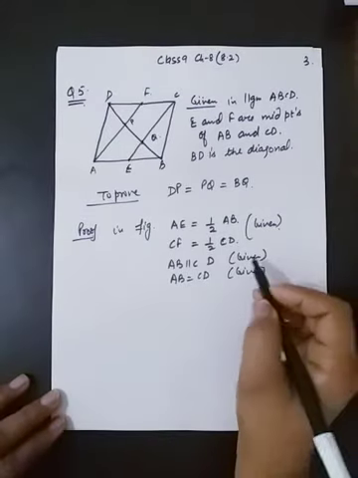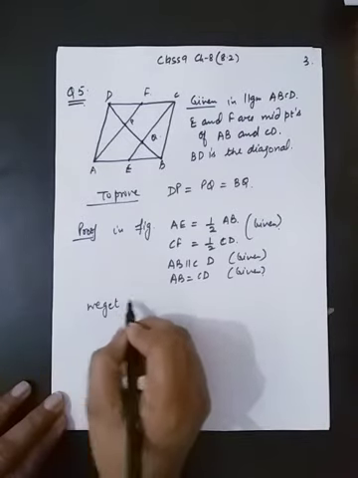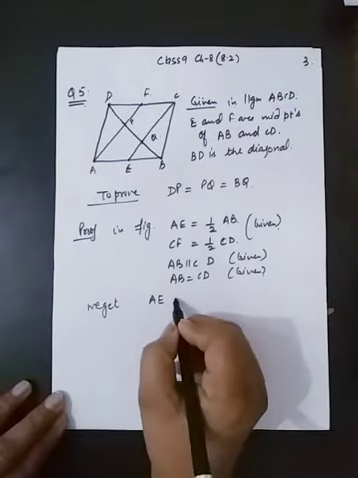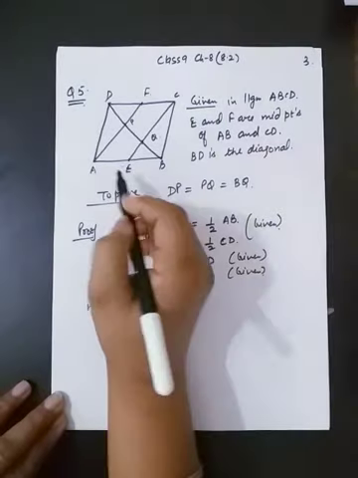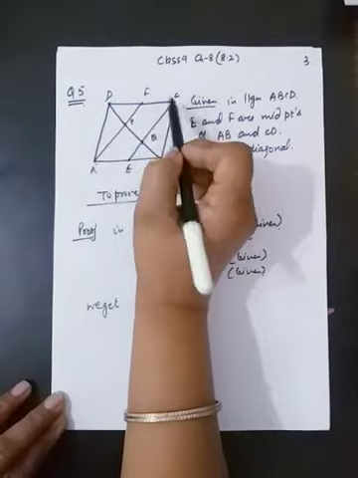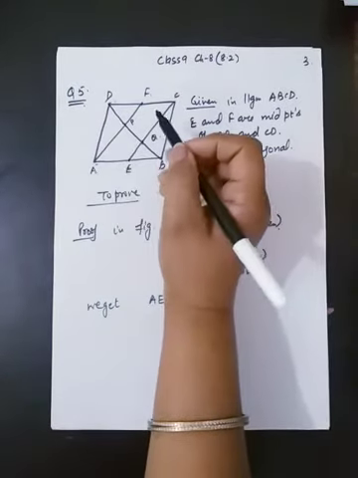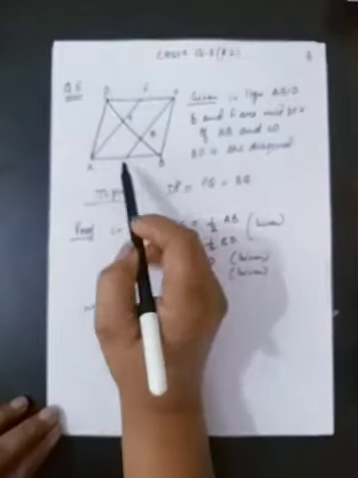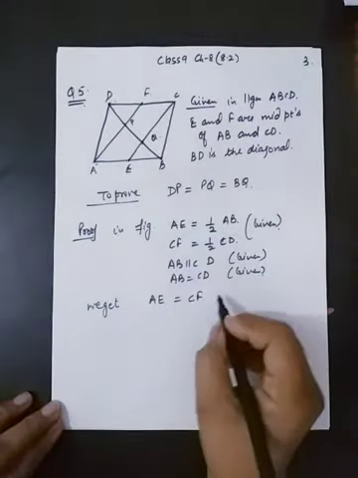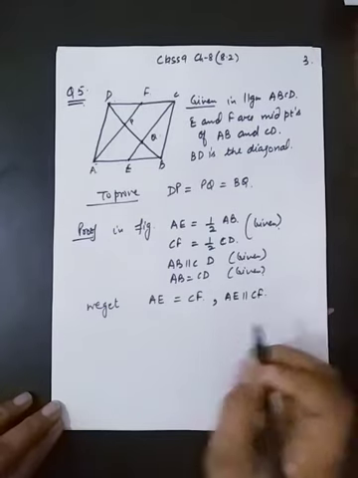So by using these two properties, we get that AE is equal to CF. AE is half of AB and CF is half of CD. But AB and CD are equal, so their halves will also be equal. So it means we get AE is equal to CF and AE is also parallel to CF.